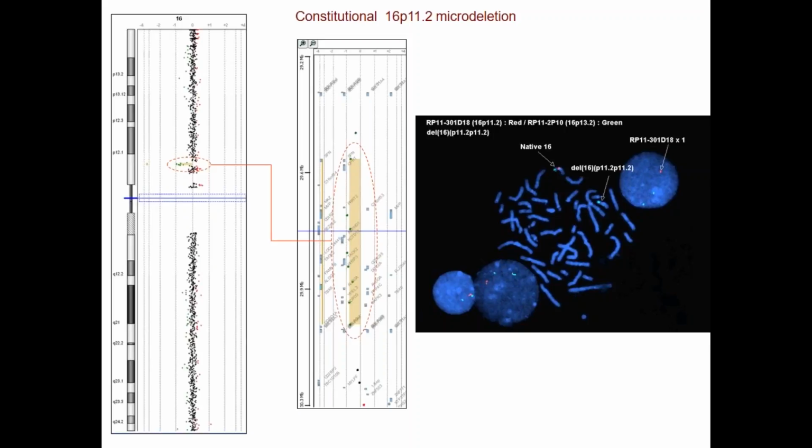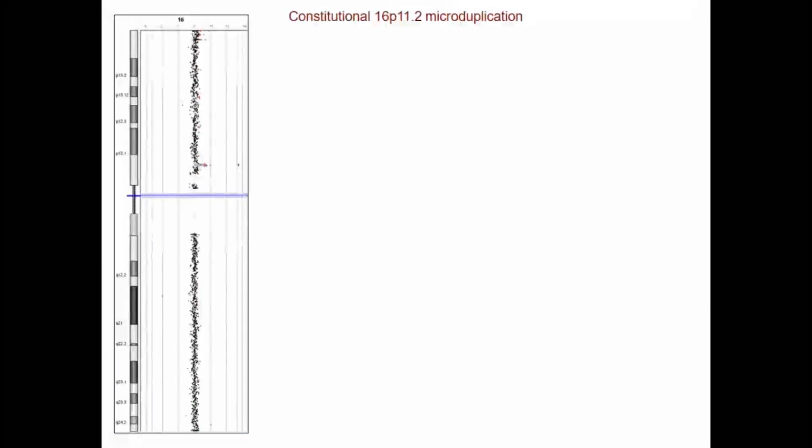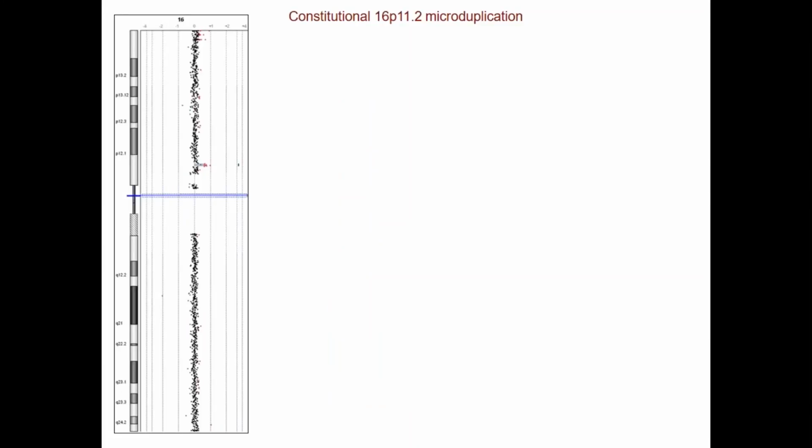If you look closely, you will see that this chromosome 16 has 2 probes lighting up, a red and a green signal, whereas this chromosome 16 has only the green signal, the red is missing. The green signal is a control probe on the chromosome, and the red signal is the probe that we intentionally use within that deleted region. So this confirms that this patient has a deletion in this region.